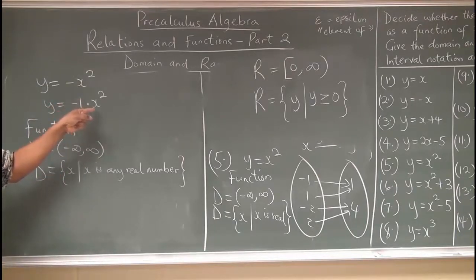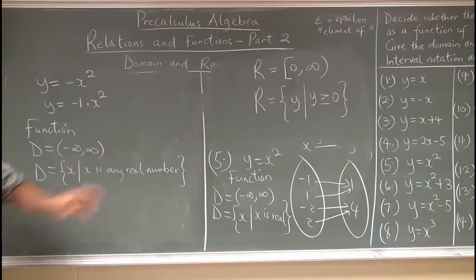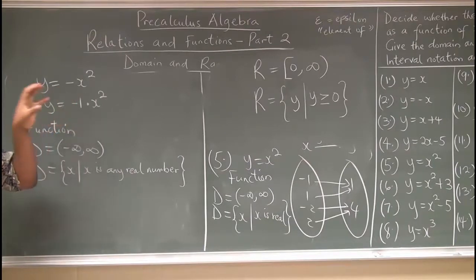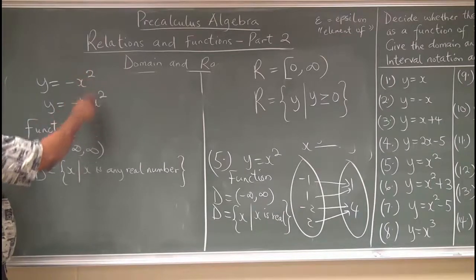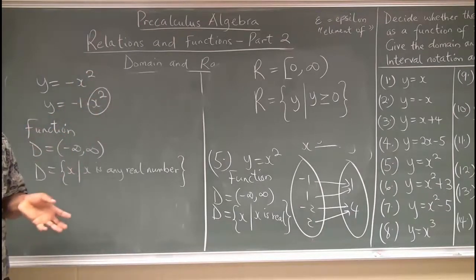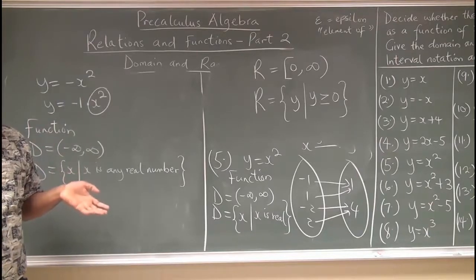Because here, if we choose x squared, all will be positive from 0. But remember, it will be multiplied by negative 1. And because it's multiplied by negative 1, it's all going to be from 0 to negative. It's no longer going to be positive, because the x squared itself will be positive no matter what x is.